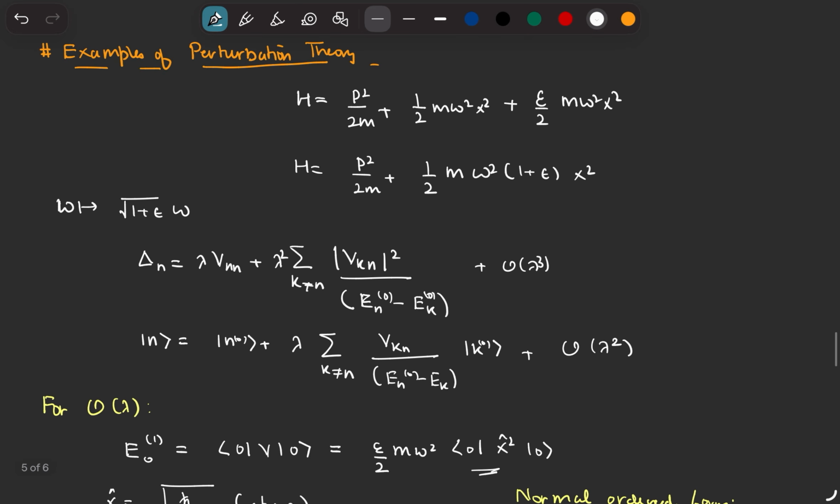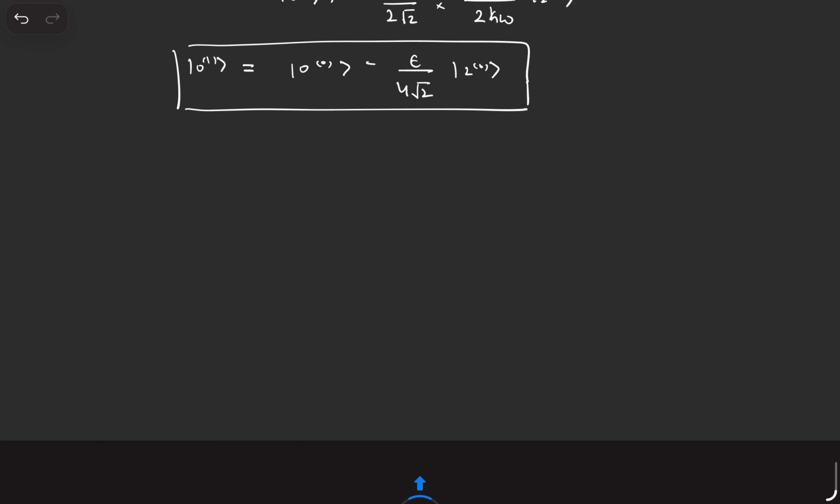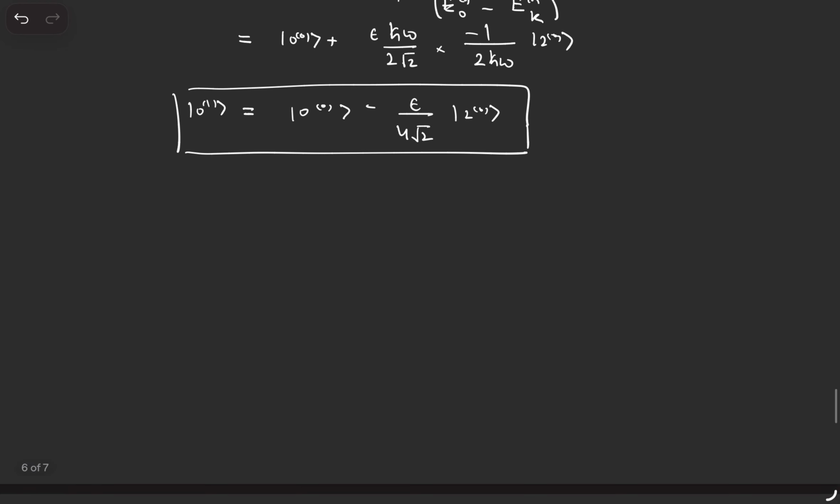Okay, but as I told earlier, we can also in principle exactly solve this Hamiltonian up here, right? We can also exactly solve this Hamiltonian, and let's take a look at what happens if I exactly solve this.